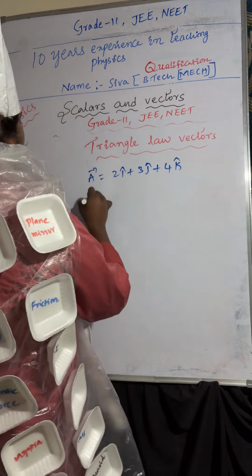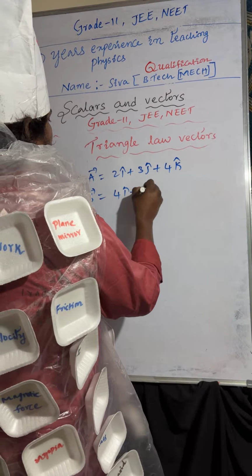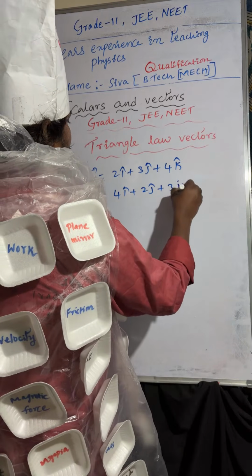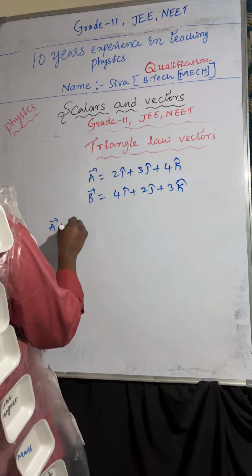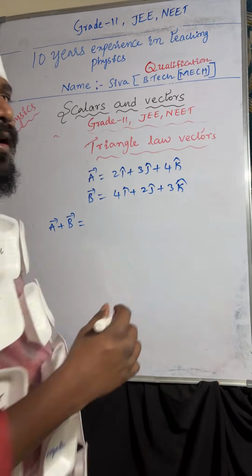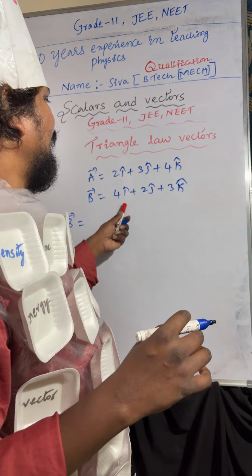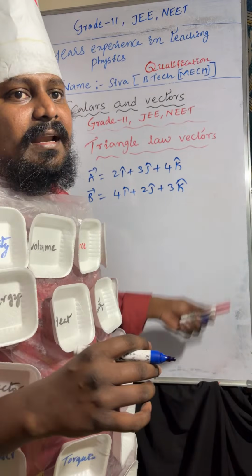B bar is 4i cap, 2j cap, 3k cap. I want A bar plus B bar. How to add the vectors? Simply add i cap plus i cap, j cap plus j cap, k cap plus k cap. You have to add like that.